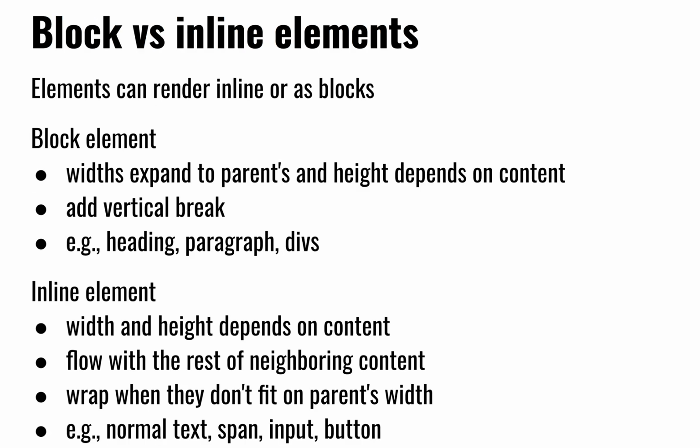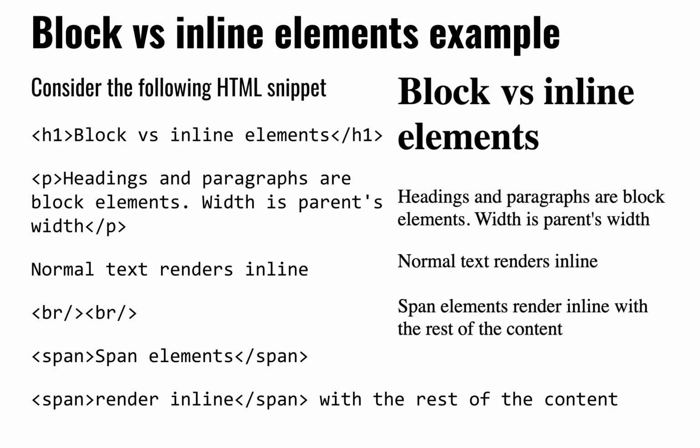Yeah, so block elements, as I mentioned, right, the way they behave. So let's take a look at a couple examples. Some elements by default behave as block, and some elements behave as inline. Right? By default, plain content, just plain normal text outside of any element, if you don't tell me how to render it, it'll render as inline, right?